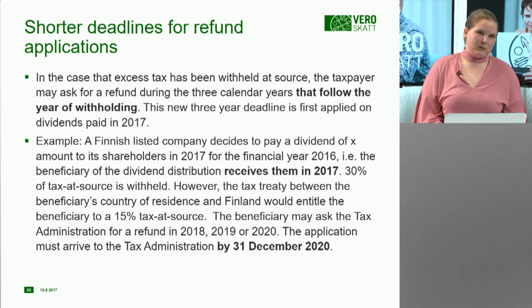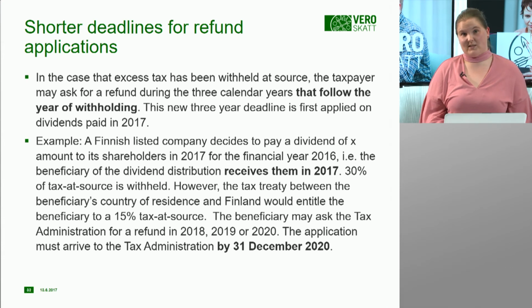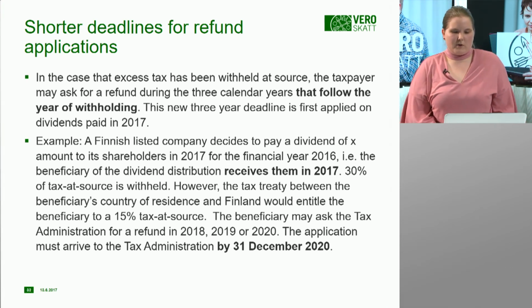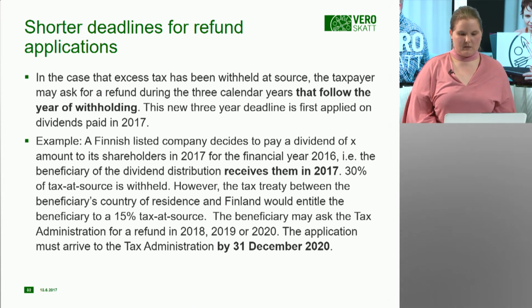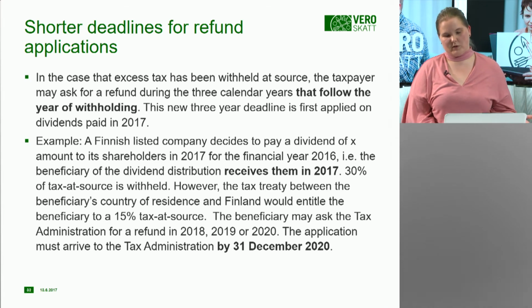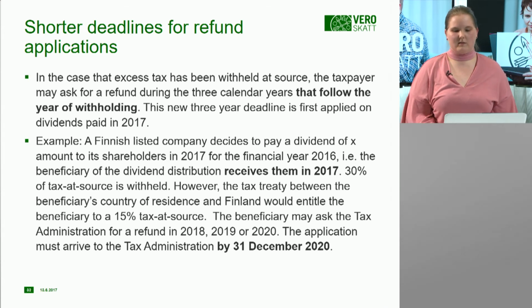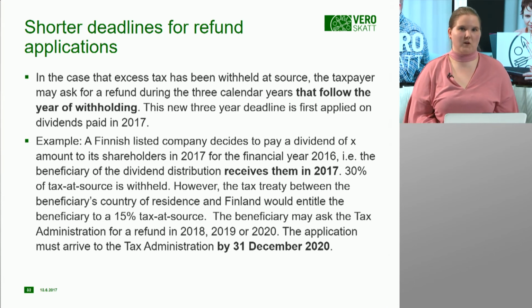So here we have an example, just to give you an idea of what this means in deadlines, as in years and dates. If you are paid a dividend in 2017, i.e. for the financial year 2016, and tax at source is withheld, and you want to apply for a refund based on the tax convention between Finland and your country of residence, then you may send us your refund application in 2018, 2019, or 2020.